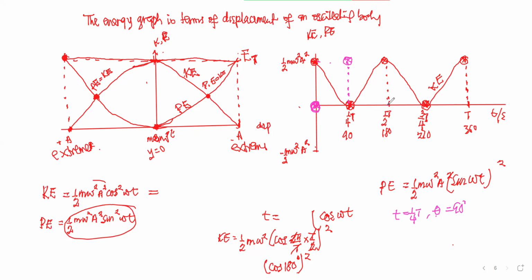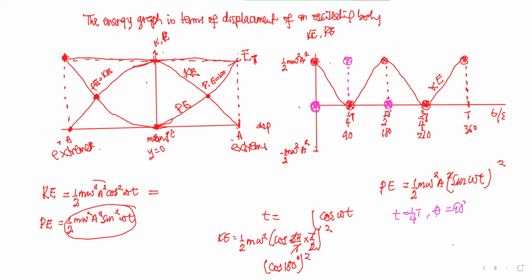When t is equal to half of the period, or theta is 180, what will be P? Zero. Sine 180 is 0, and the square of it, the value is the same. When t is 3/4 of the period, or theta is 270, what would be the value of the potential energy?